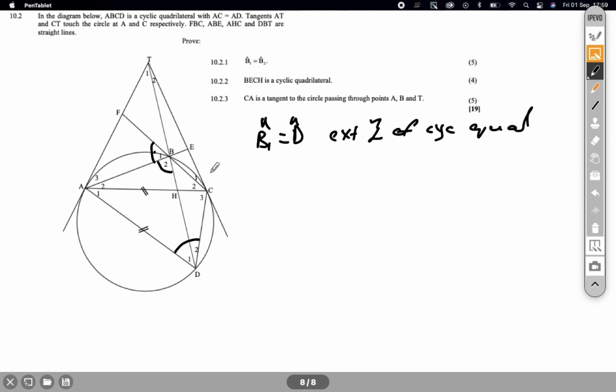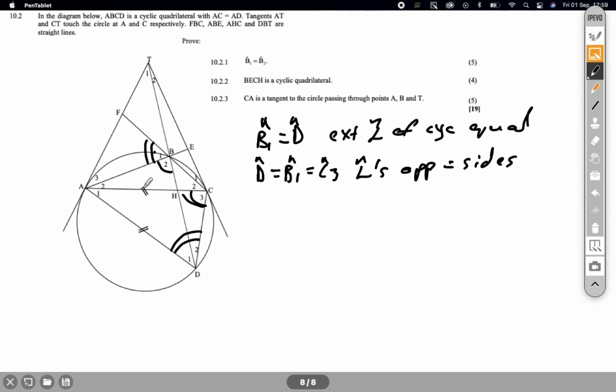Okay, and then you can say that this angle is equal to this angle, so making it equal to this angle also. So angle D equals B1 equals C3. Reason being is angles opposite equal sides. Remember, we were given that these two sides are equal, and thereafter we must now show that B2 is at least equal to either D or C3.